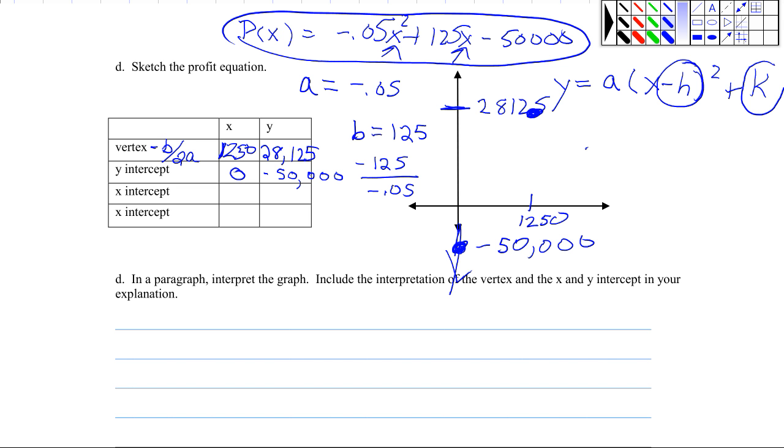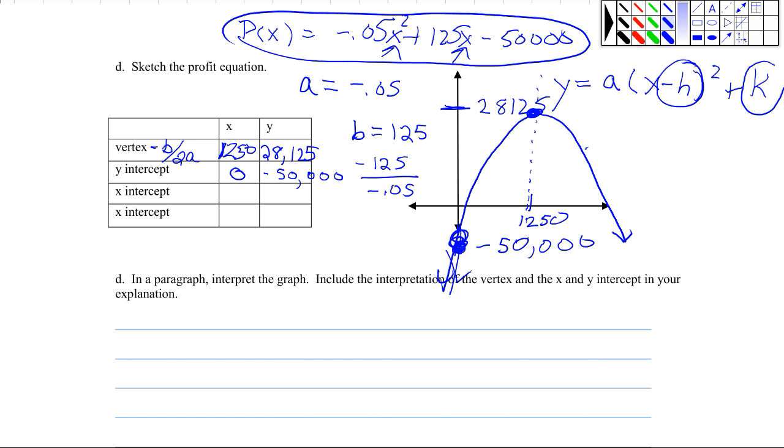I know that parabolas are symmetric around the axis of symmetry. So if I draw a vertical line through the vertex, I know that the left side of the graph, which looks like that, should be going through the y-intercept, and the right side of the graph are symmetric around that line. And I have a graph that looks something like that.